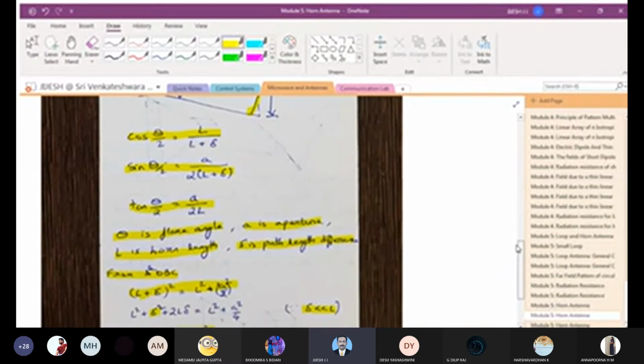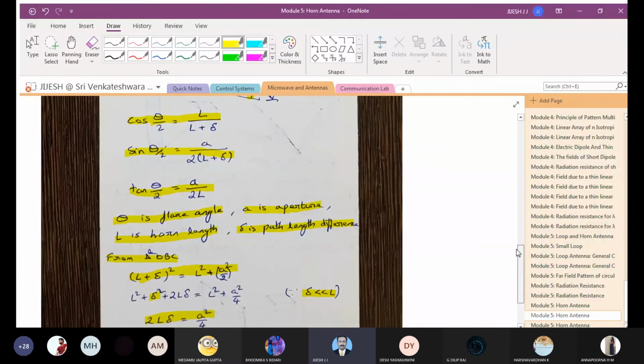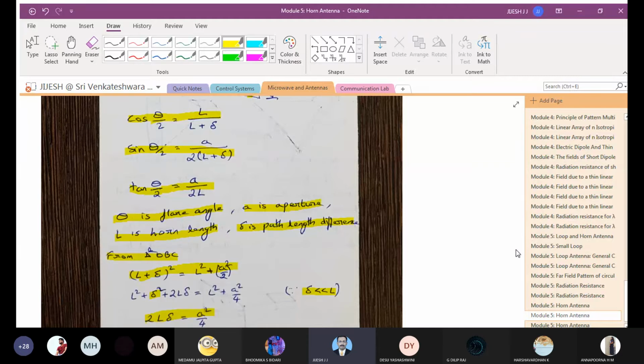Take triangle OBC. You will get L plus delta whole square is equal to L square plus A divided by 2 whole square. Simplify that.